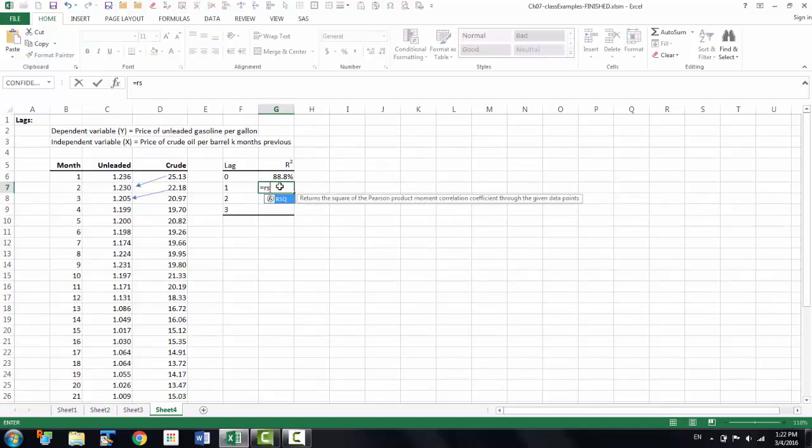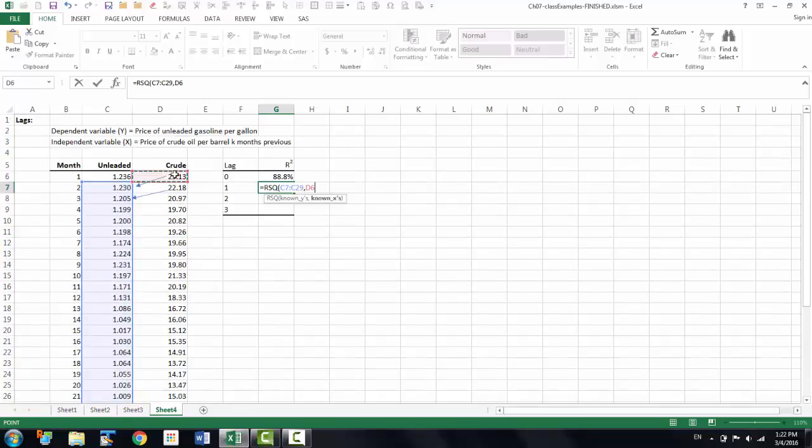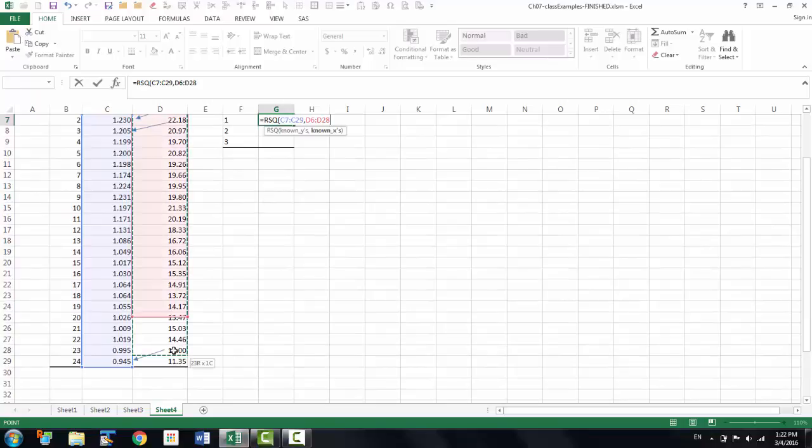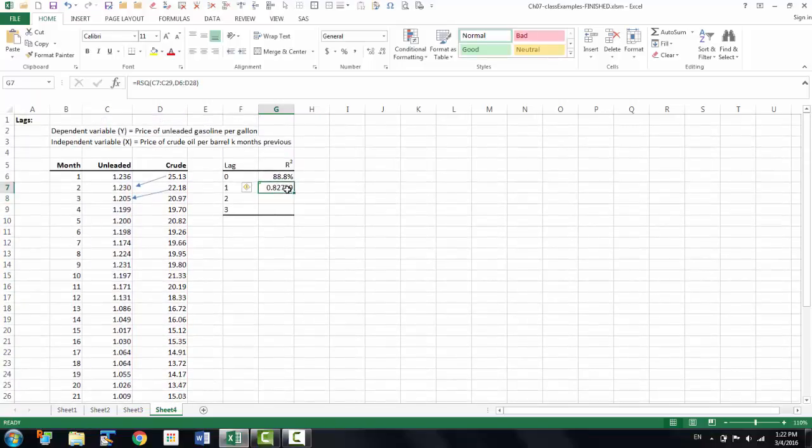So with 1 month lag, the R squared will be that as Y and this as X. So that gives us a 1 month lag, and you see that 1 month lag actually decreases the R squared value.